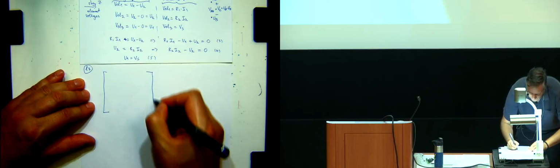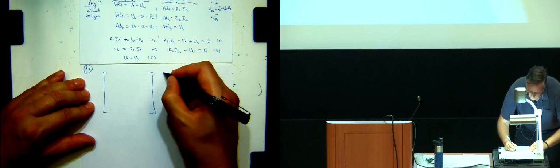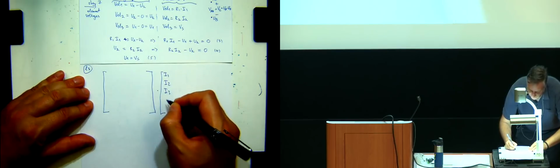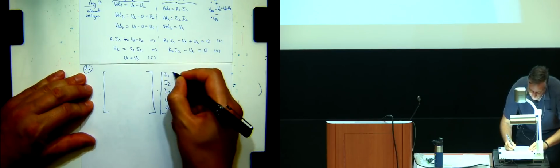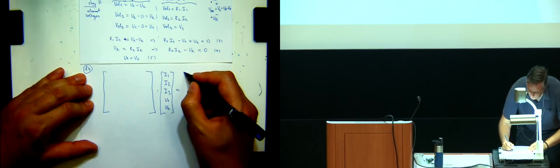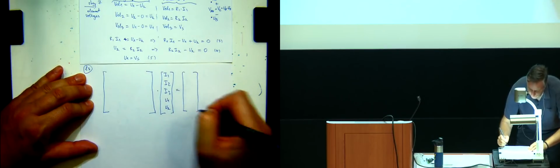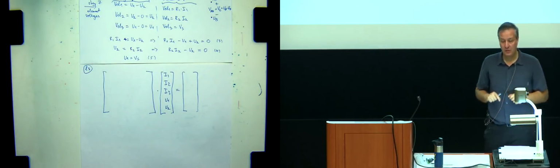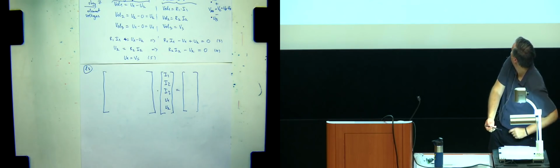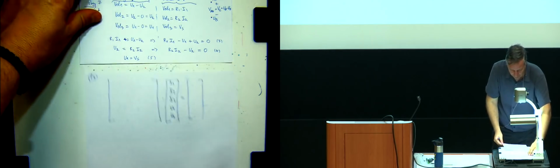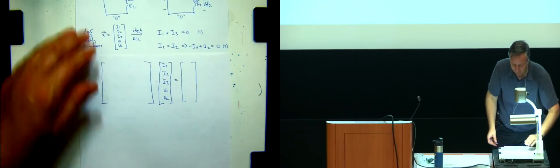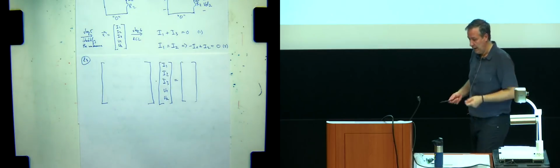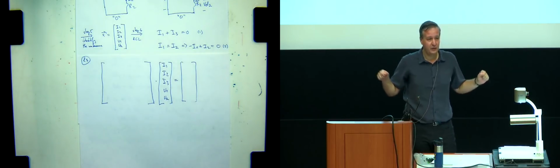So here's my matrix. I have I1, I2, I3, U1, U2. Let's say the first equation: I1 plus I3 equals 0. What does that imply about the first row of the matrix?